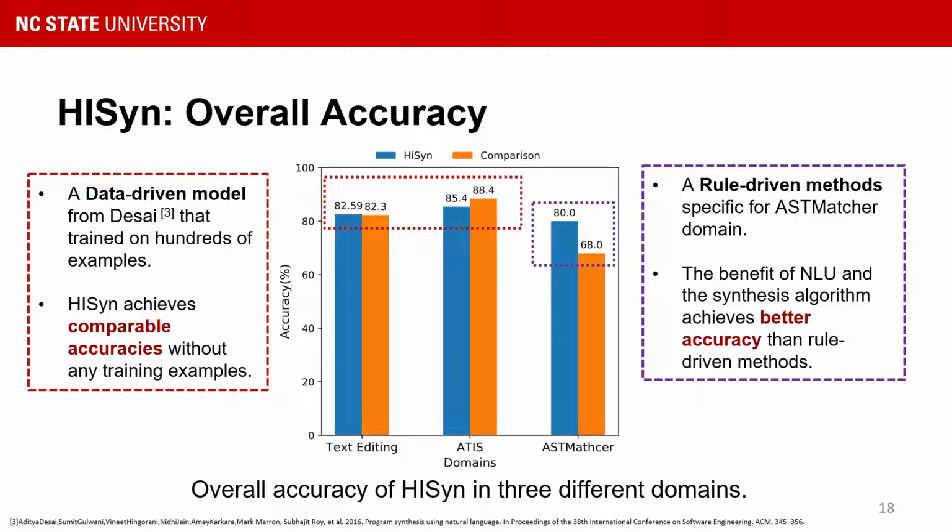For the AST matcher domain, this is significantly better than the leading rule-driven approach. The conclusion is that HiSyn is comparable in accuracy to the current leading approaches, and in some cases significantly better when the domains feature a much richer API set. The advantage is that HiSyn requires absolutely no training examples whatsoever.